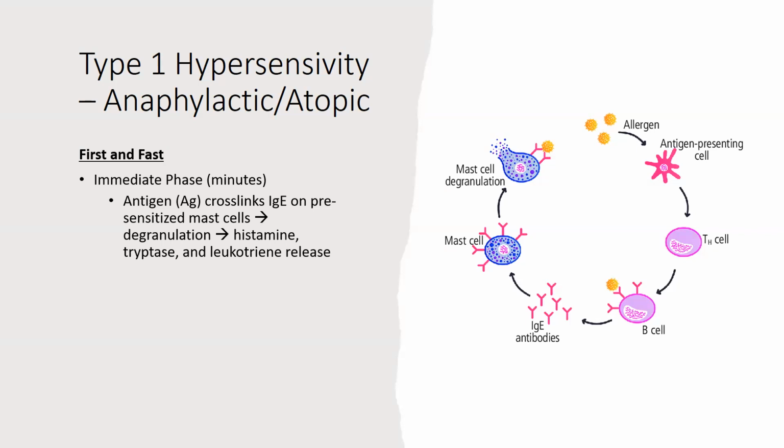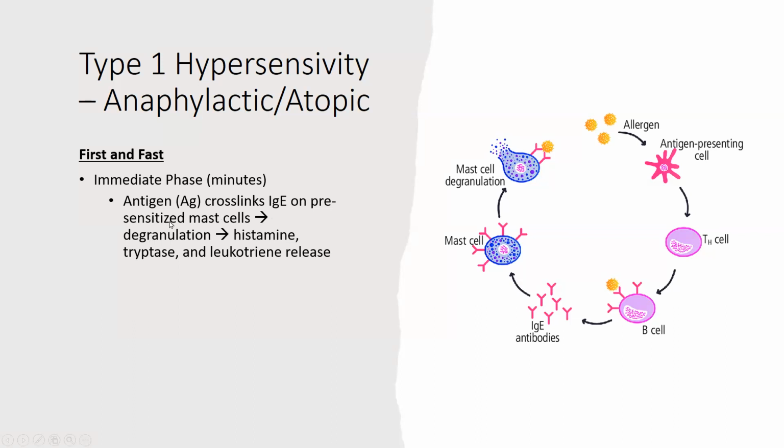It's the second time that you're exposed to it, once your mast cells are pre-sensitized to that allergen, that you could have true anaphylaxis. So oftentimes someone will say, but I had shellfish before and I was fine, and it was the second time I had it that I got this big swelling. It's because your body then had this pre-sensitization of mast cells that it never had in the past. And so that's where you get this reaction.